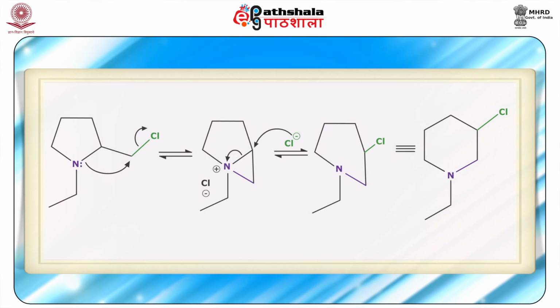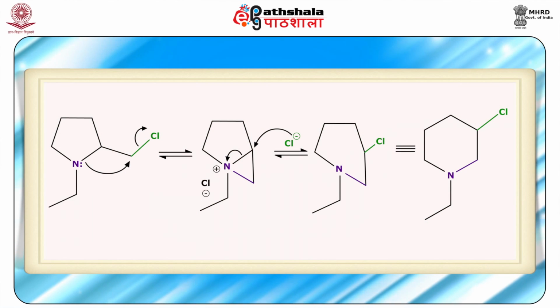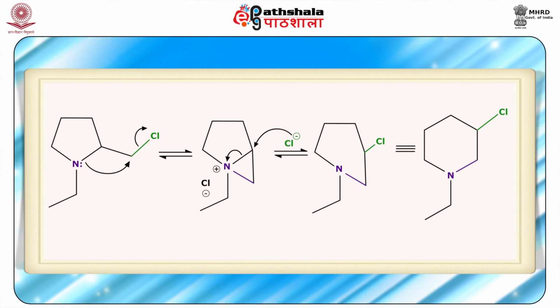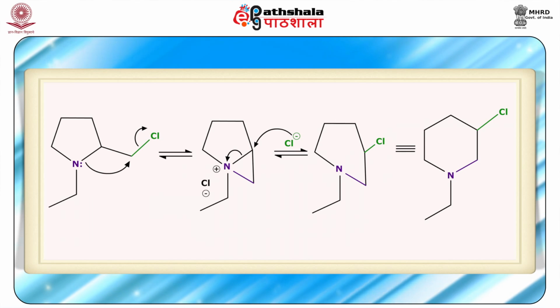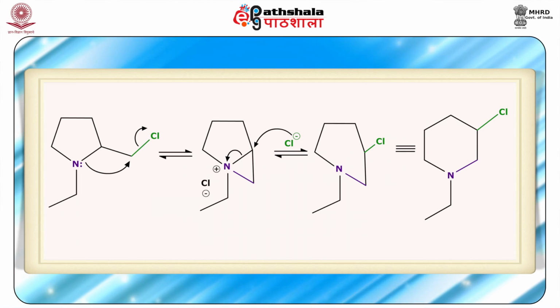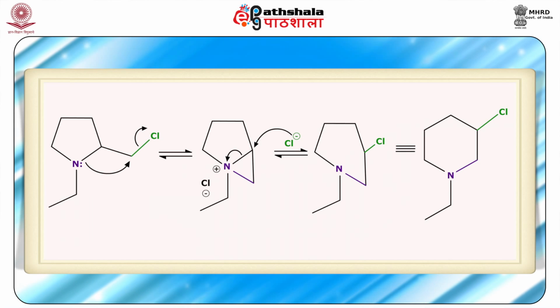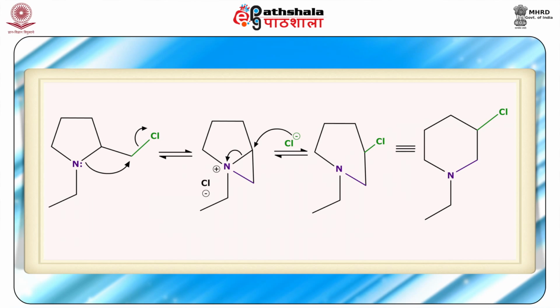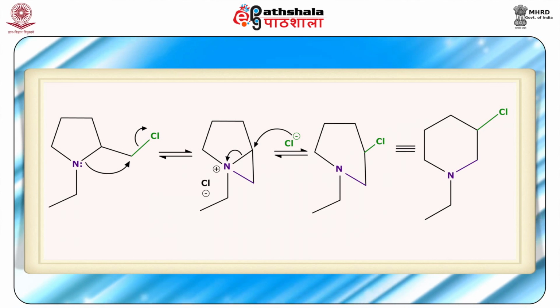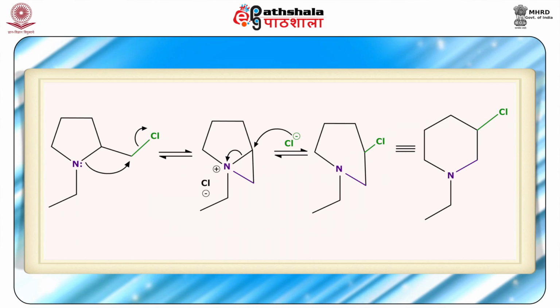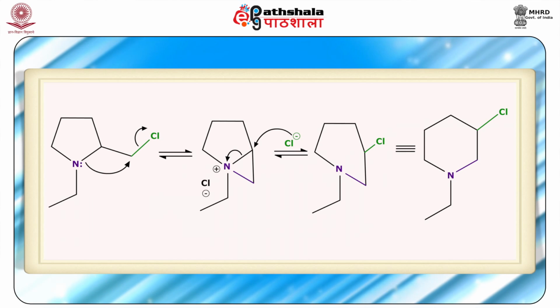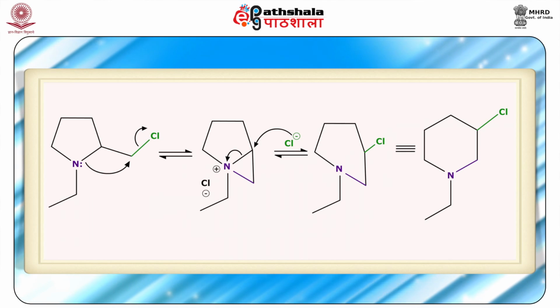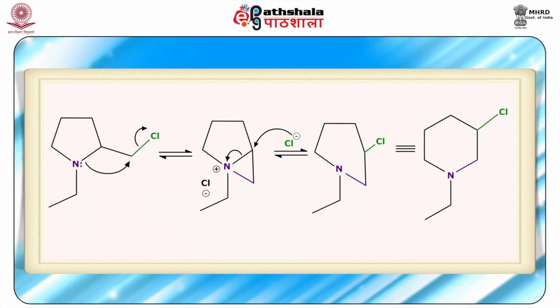A ring expansion reaction involving anchimeric assistance can occur as shown here. You can clearly see we are starting with this 5-membered cyclic ring having nitrogen, and the nitrogen through its lone pair will attack this carbon, further attached to Cl, which is a good leaving group here. As this attack happens it will lead to this 3-membered intermediate as an additional ring, which is further joined to this 5-membered ring.